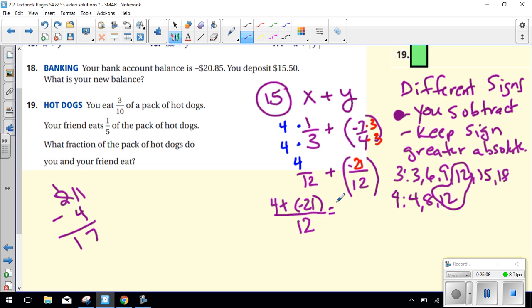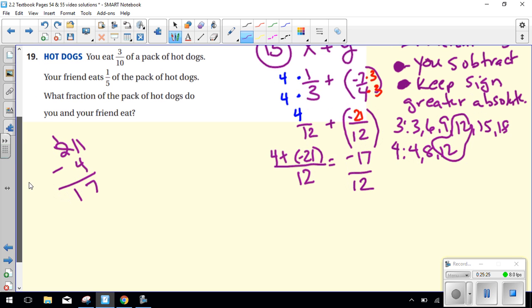And then the second thing we do is keep the sign of the greater absolute value. So who's greater, the 4 or the 21? This will give us negative 17 over 12, because the absolute value of 21 is larger. That's awesome work here.